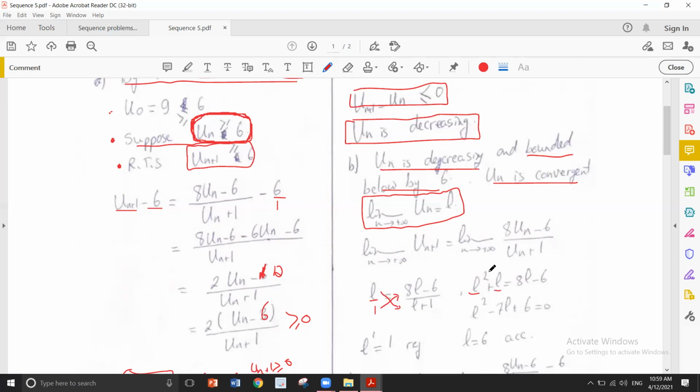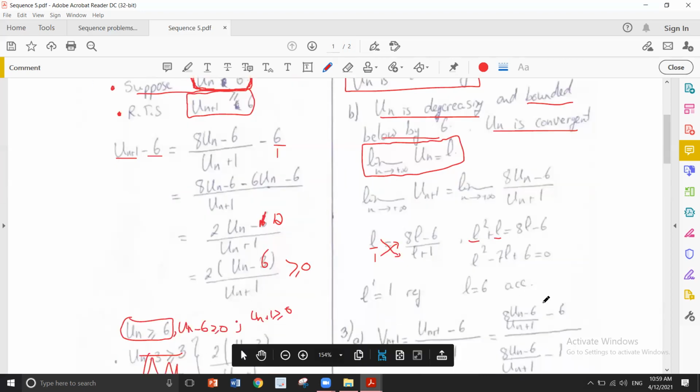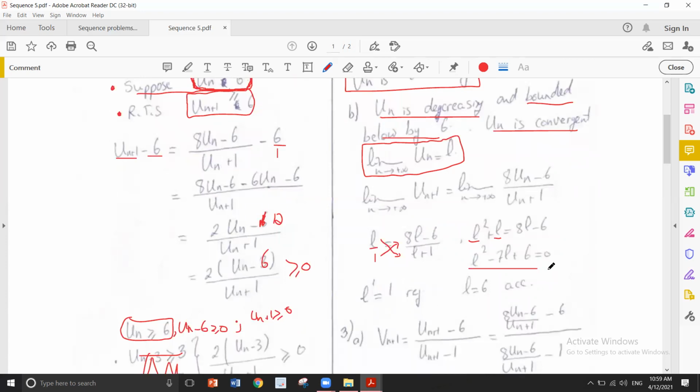Then L squared minus 7L plus 6 equal to 0.